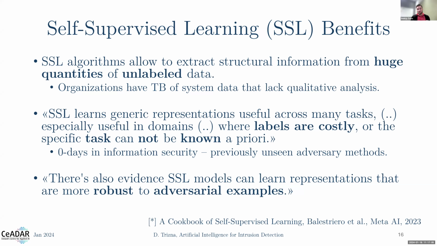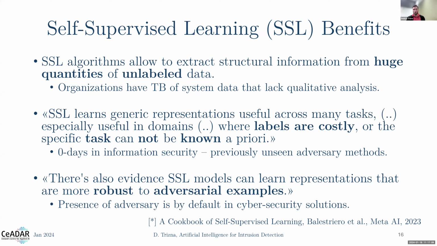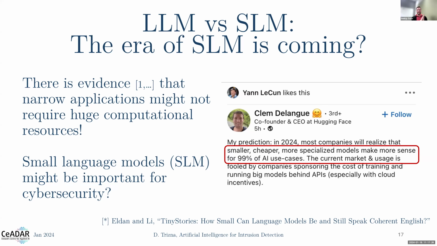And guess what? In cybersecurity, we have this type of assumption by default. Cybersecurity solutions have adversaries facing them. So SSL might help here as well to build better solutions. That was the most burdensome slide of the talk. It will be lighter now.